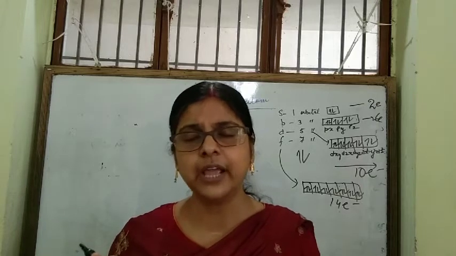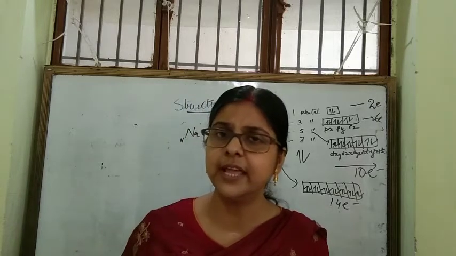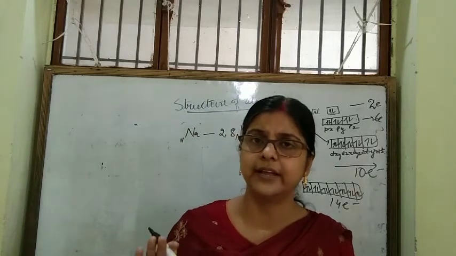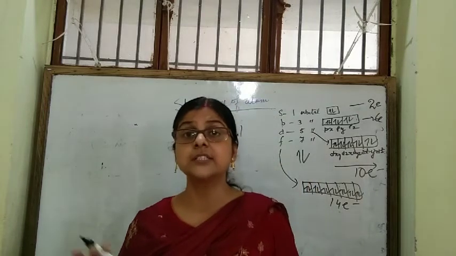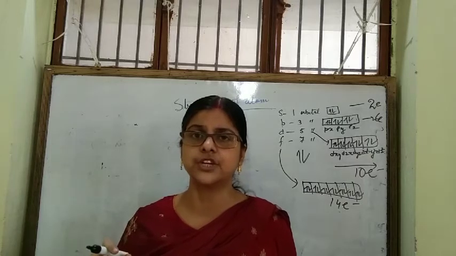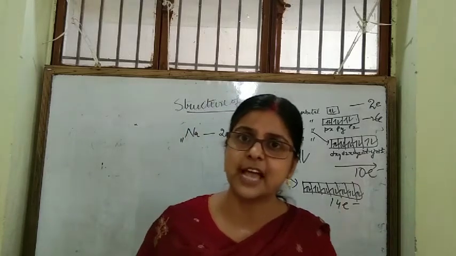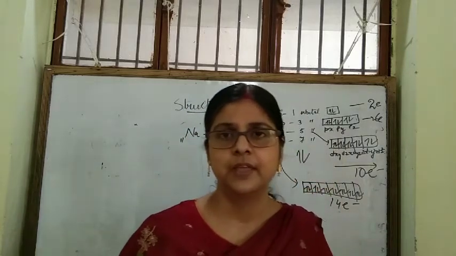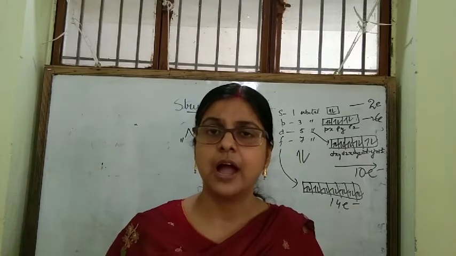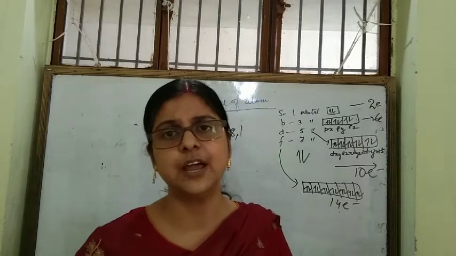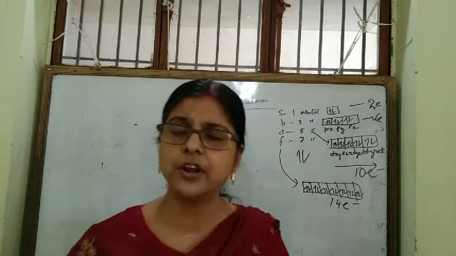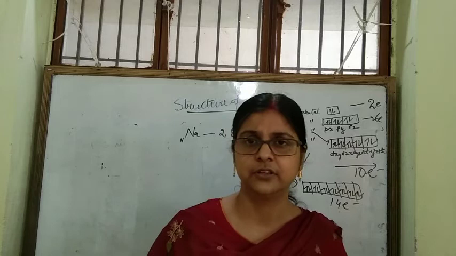So, after taking this concept, we'll be studying how to write electronic configuration. Yes, whenever we are studying about electronic configuration, we'll have to remember one scientist, that is Aufbau, and his principle. According to the Aufbau principle, electrons are filled up in the orbitals in order of their increasing energy.